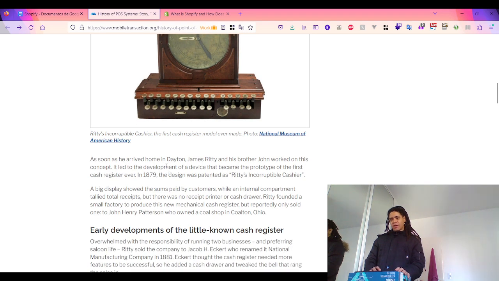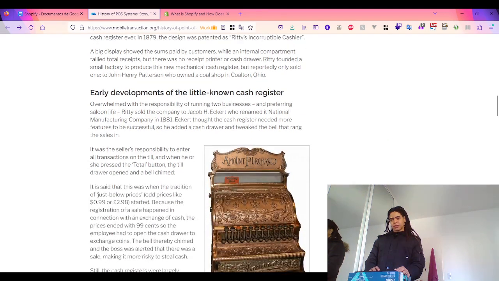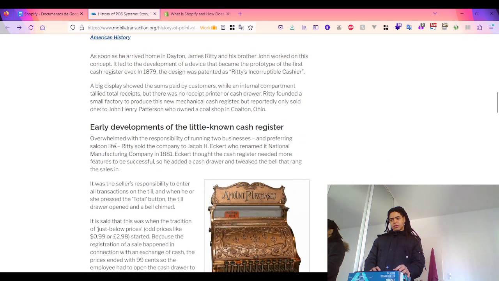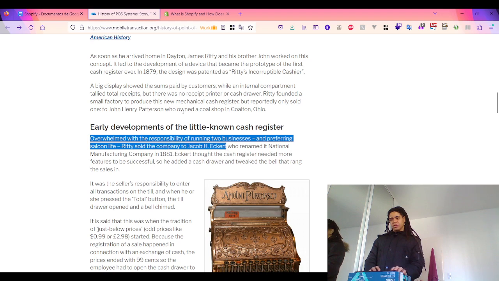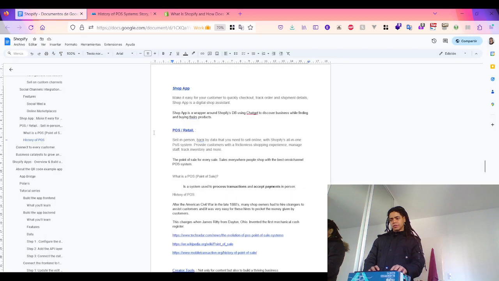As soon as he arrived home in Dayton, James Ritty and his brother worked on his concept and developed it. The design was patented as Ritty's Incorruptible Cash Register.